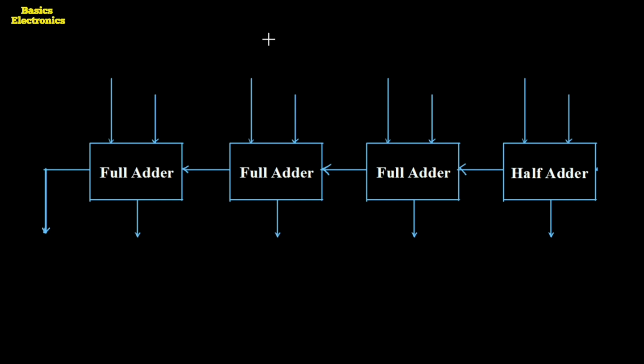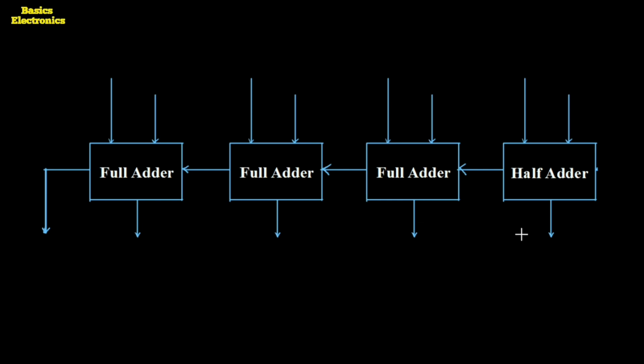If we increase the number of binary bits, then you have to increase the number of full adders. So this is a block diagram, or a logical diagram, for the 4-bit binary adder.